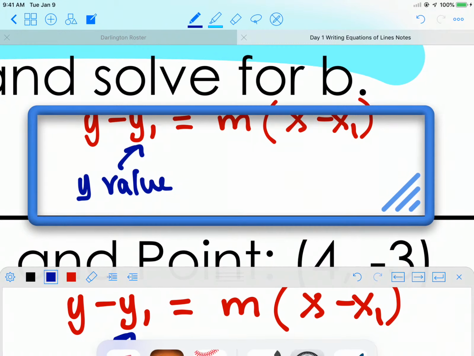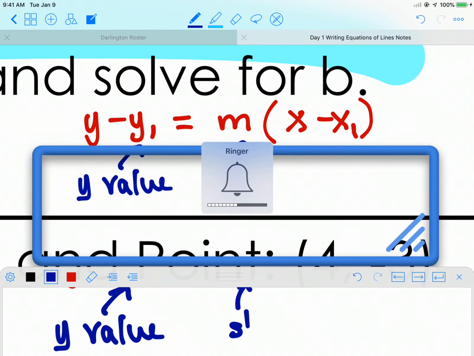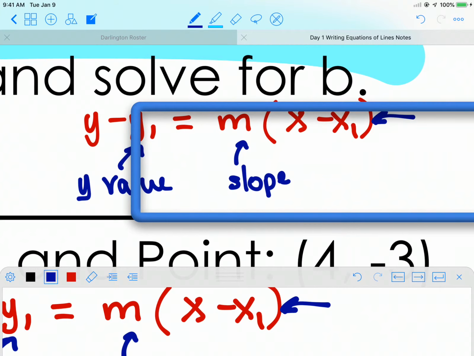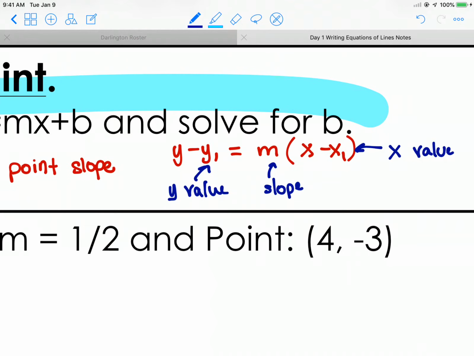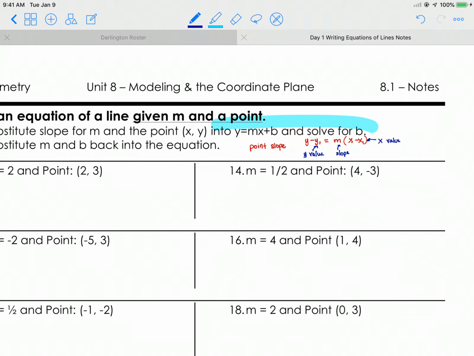M, of course, is still going to be our slope. M doesn't change. And then x1 is the x value. Y and x are going to continue to be our unknown variables. However, when we plug these in, it's going to pop right in for me. So order of operations is important here, but this little point slope form will help make a difference.